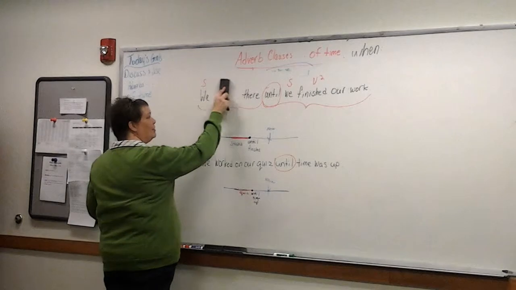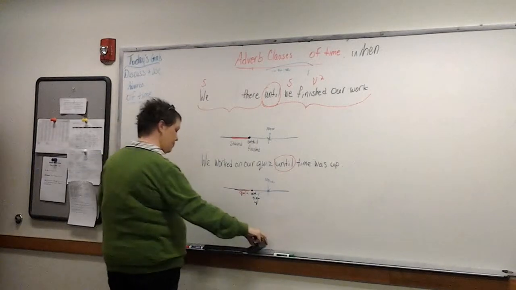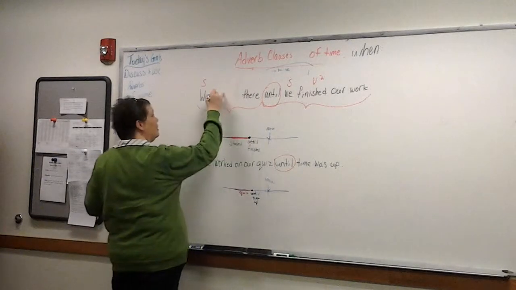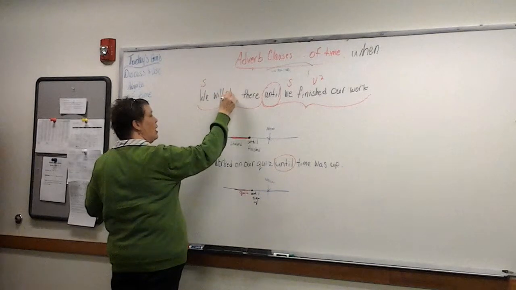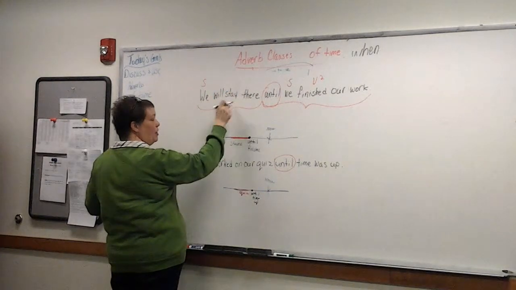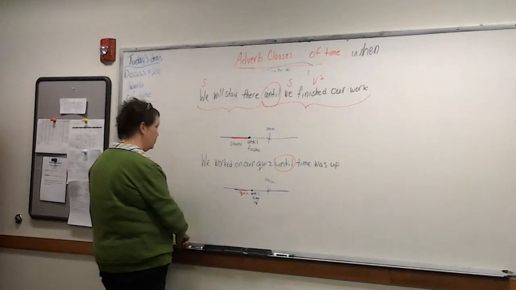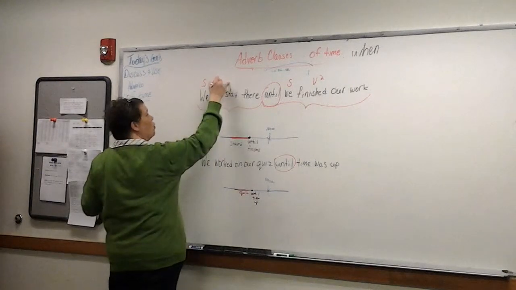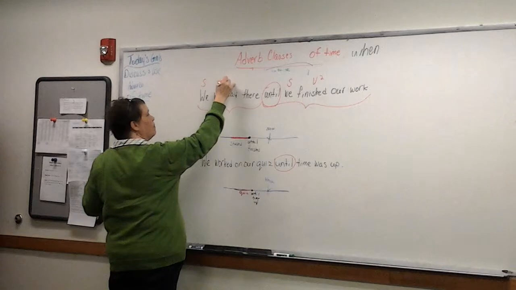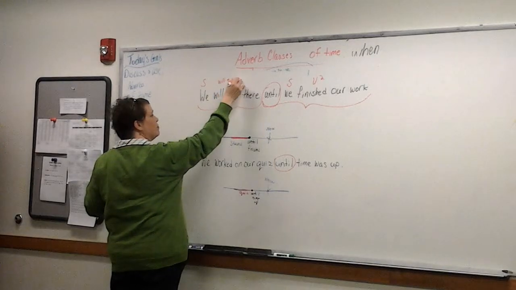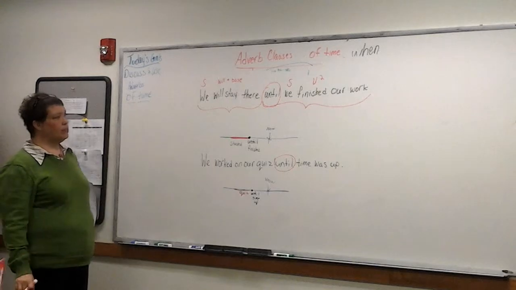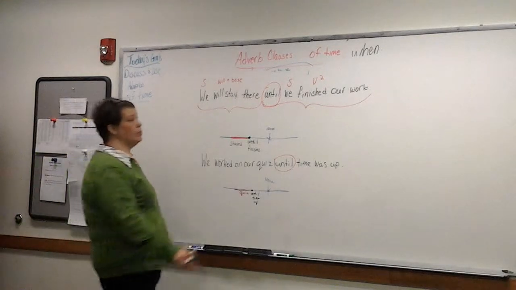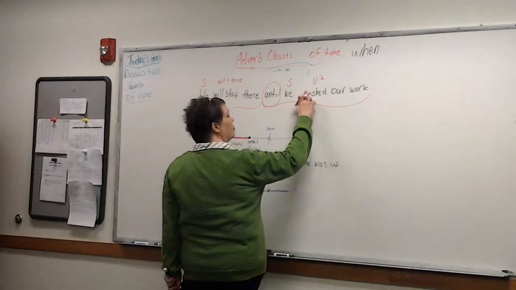Let's get rid of this. Let's put in will. And I follow will with the base, right? So let's look at it in this case. Will plus base. If I do that, what do I have to change over there? Finish.